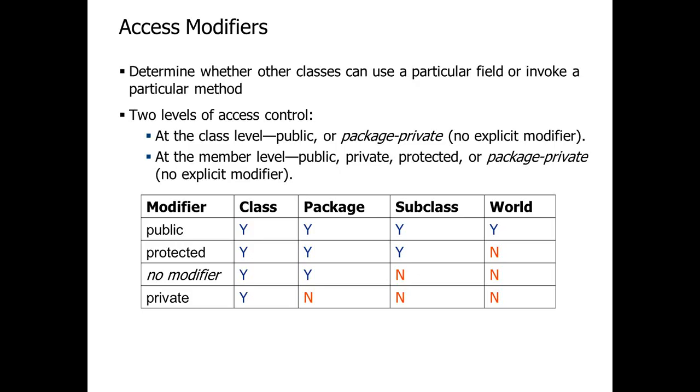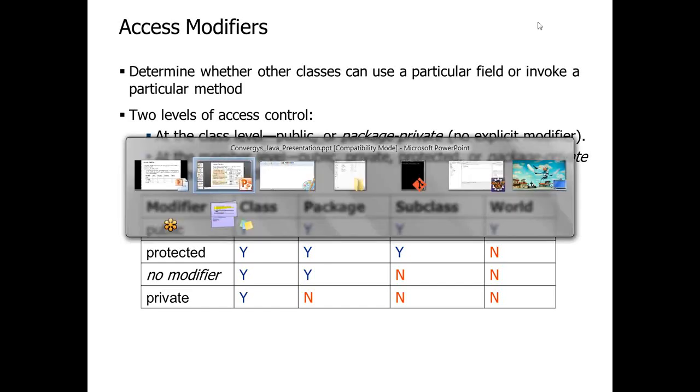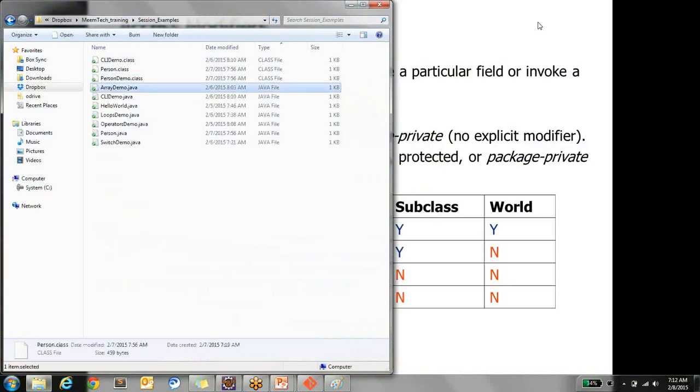So these are the access modifiers that you can have in your applications to control the access of your members as well as classes. And we did see some examples for that.